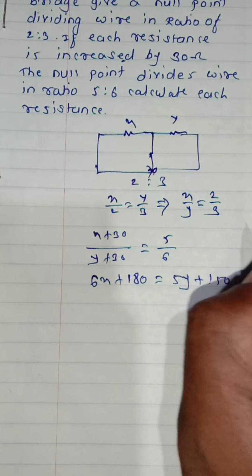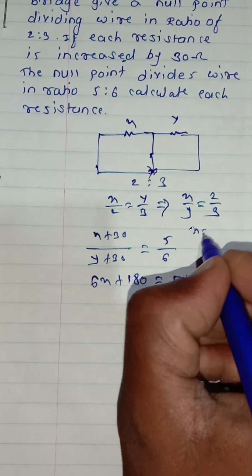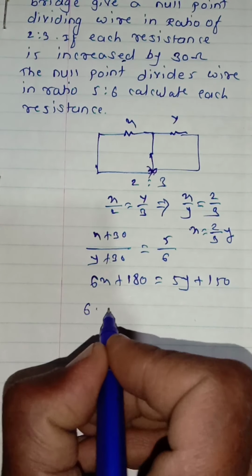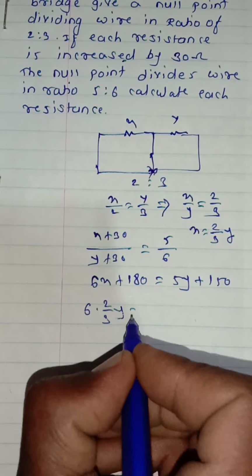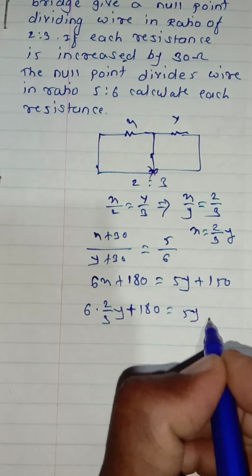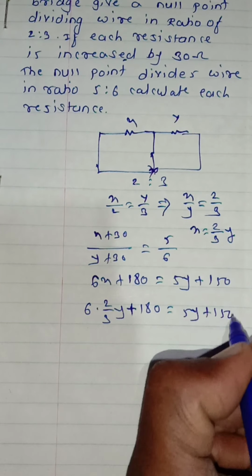Okay, from equation first we can write here x is equal to 2 by 3 into y. Okay, then 6 into 2 by 3 into y plus 180 is equal to 5y plus 150.